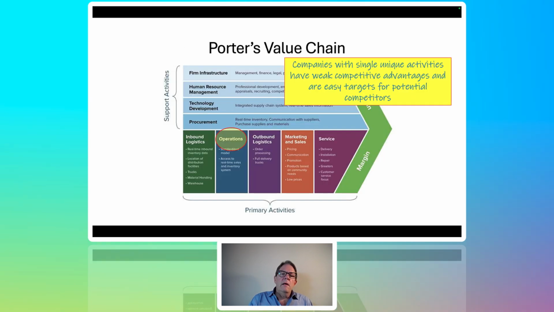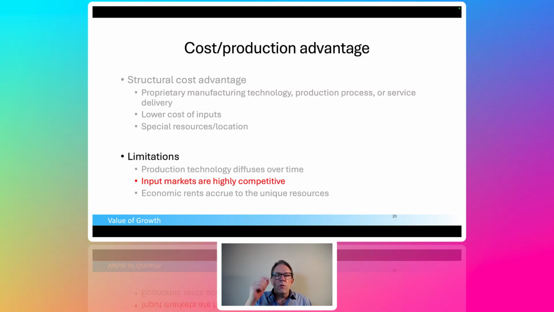All right. And this is the key, right? So weak competitive advantages are single unique activities. So you need multiples. When you're looking at a company, and you think they have a cost advantage, really ask yourself the source of that cost advantage and is it sustainable? That's the key. All right. Input markets are highly competitive.